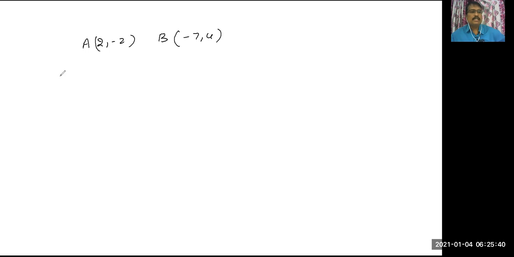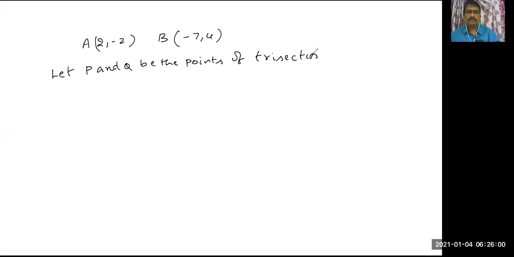So let P and Q be the points of trisection of AB. Trisection means equal parts. That is AP is equal to PQ is equal to PB.